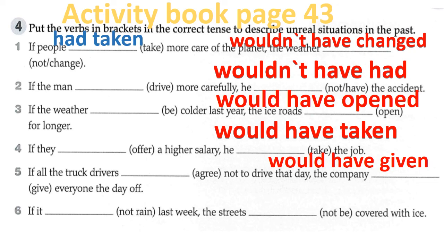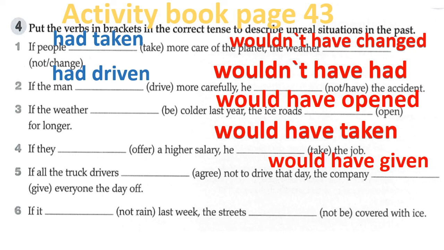2, if the man drive more carefully, he wouldn't have had the accident. So if the man had driven more carefully, he wouldn't have, because here you have not, so wouldn't have. What's the past participle of have?